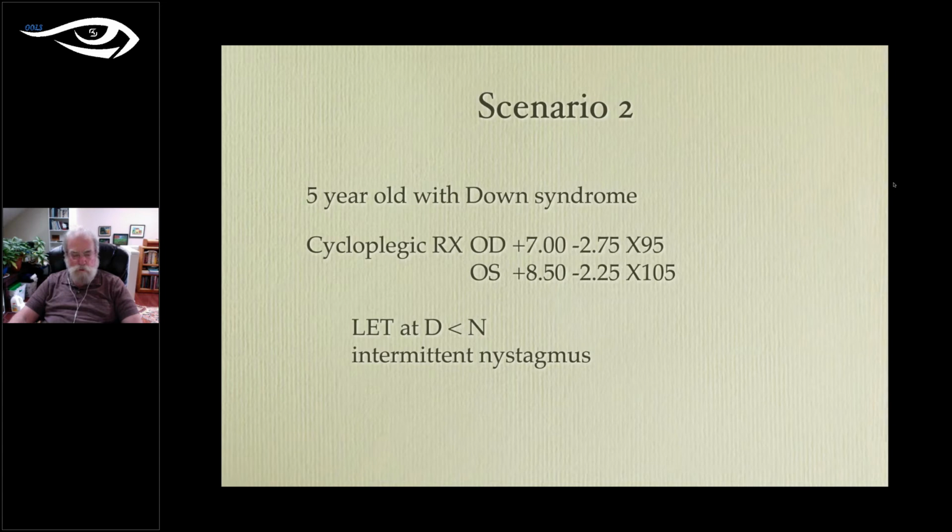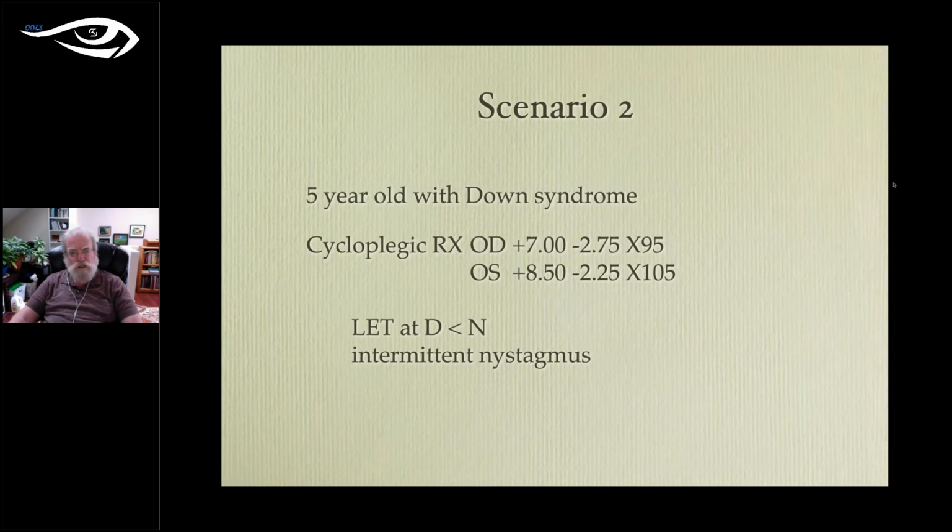Blanket statement here. Any child with Down syndrome, any child with cerebral palsy, any child with mental retardation or other developmental abnormalities that are evident in early childhood, every single one of those children needs to have a comprehensive eye examination done as early as possible.